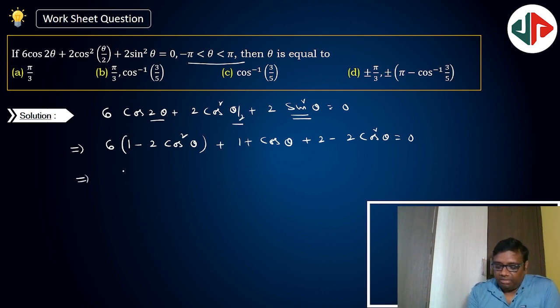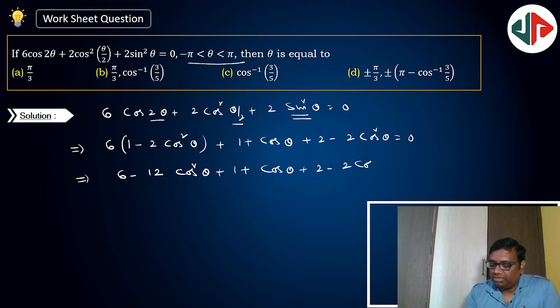Now if we simplify, 6 minus 12 times cos square theta plus 1 plus cos theta plus 2 minus 2 times cos square theta is equal to 0. So it is nothing but minus 14 times cos square theta plus cos theta plus 9 is equal to 0.